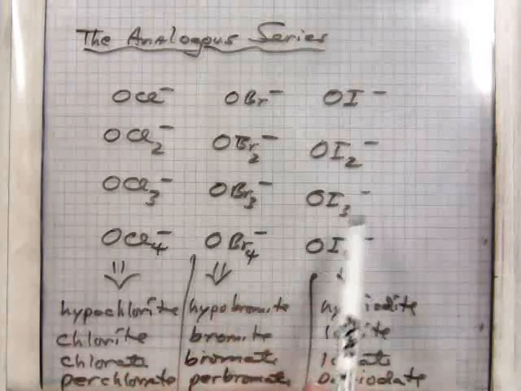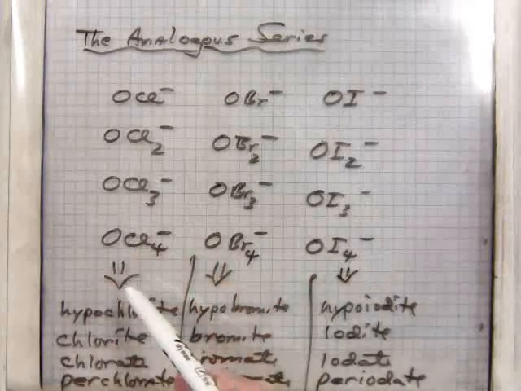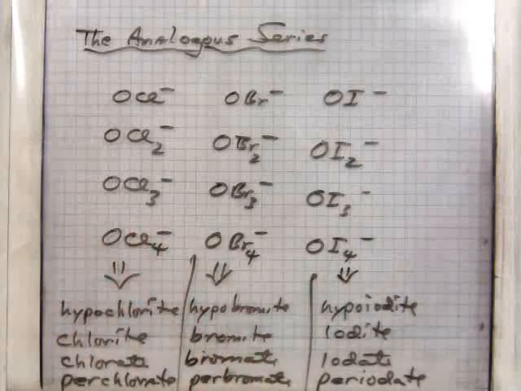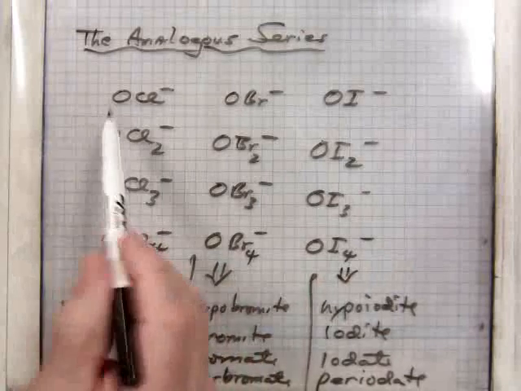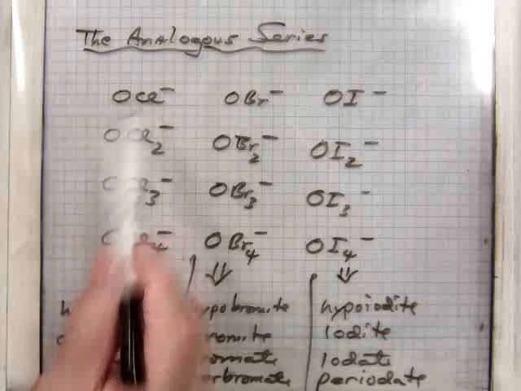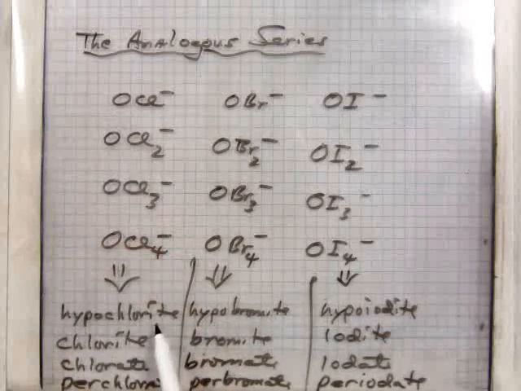So these are negative particles, and all you have to do is put them with a positive particle. Sum of charges 0. If you put sodium in front of the OCl, it's sodium hypochlorite, and that's the primary component in laundry bleach.